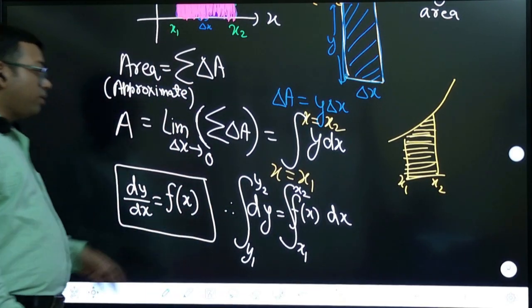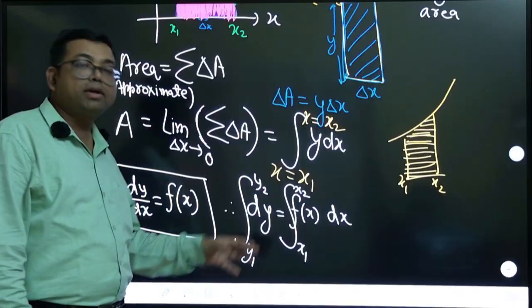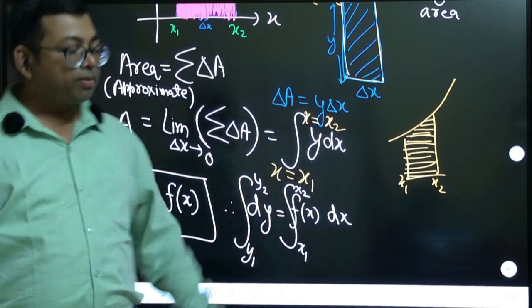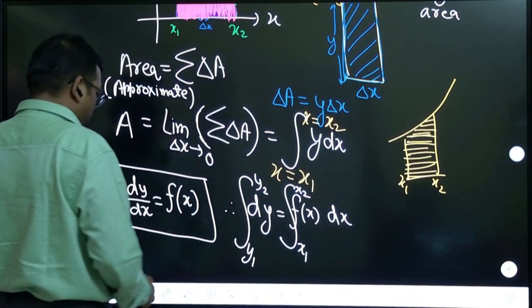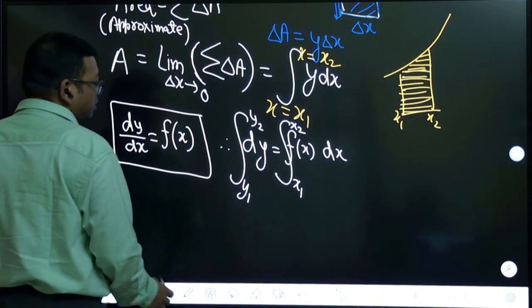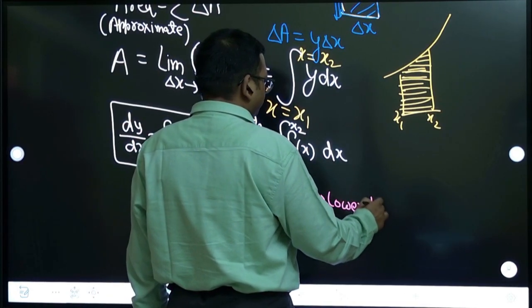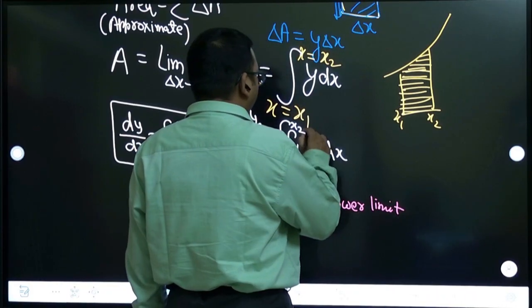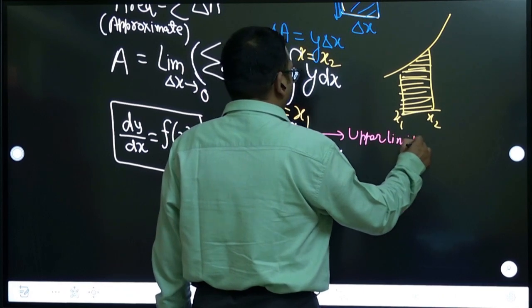So this is called finite definite integration, because we are going from a finite value of x to another finite value of x. So these are called the limits of integration. One is called lower limit, this x1 is called lower limit, and x2 will be called upper limit.